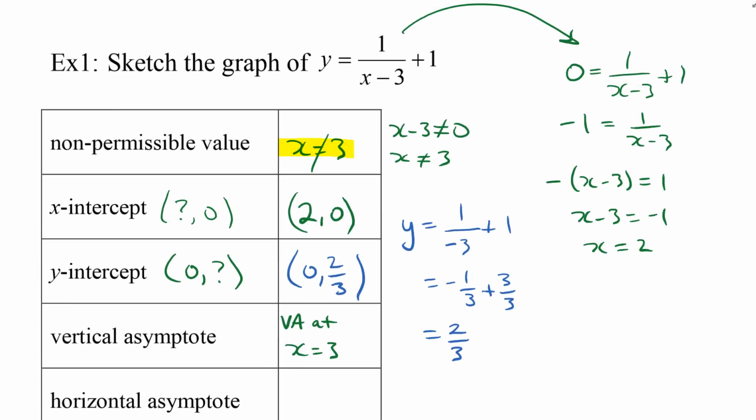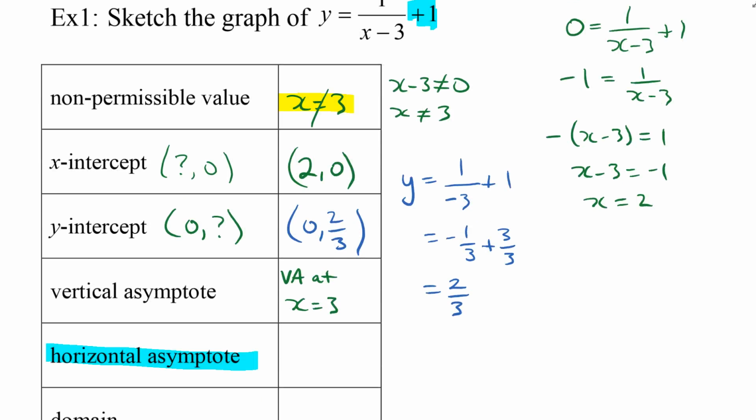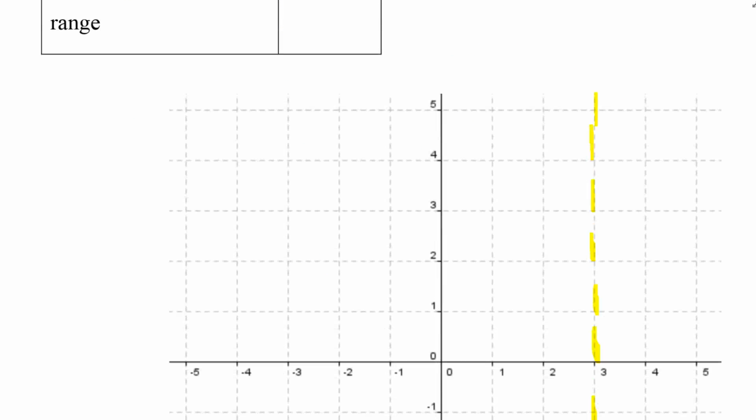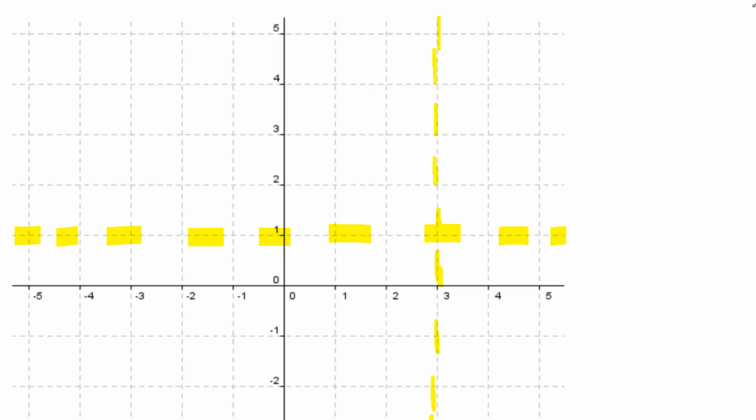Now what about the horizontal asymptote? You remember how this works. The horizontal asymptote is going to be from this value over here, from that plus 1. Everything's going to be raised 1. So my horizontal asymptote will be at y is equal to 1. Now we've got a pretty good sense of how it's going to look because we know the general shape of these things.